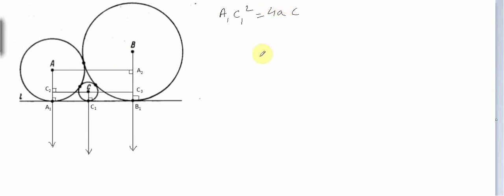This is what we are going to prove. Alright, so a1 c1 is equal to c2c, opposite sides of a rectangle, and further we notice that this point and this point are collinear. These 3 points are collinear. It is a property of two circles that are externally tangent to each other. So there exists a line which is collinear with the 3 points, and we can draw the line in the following manner.